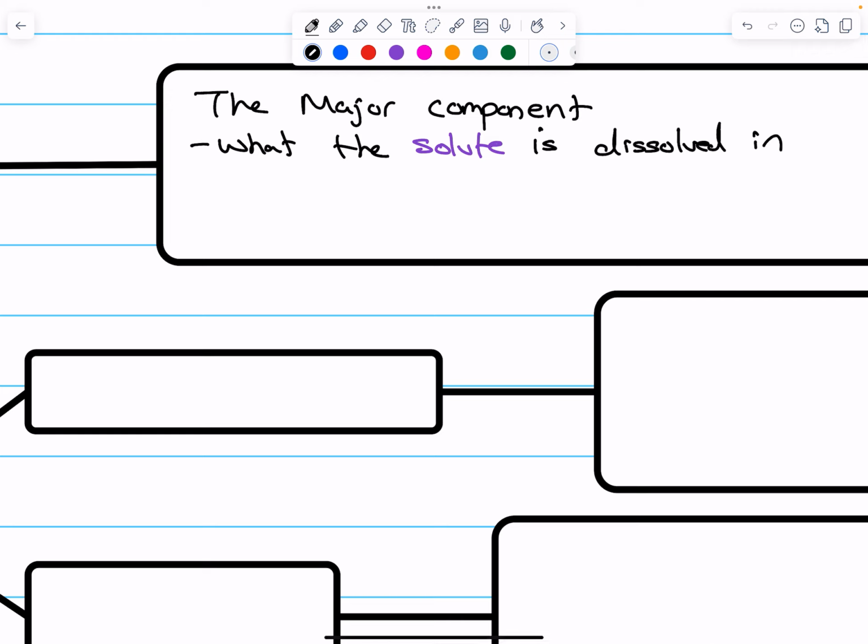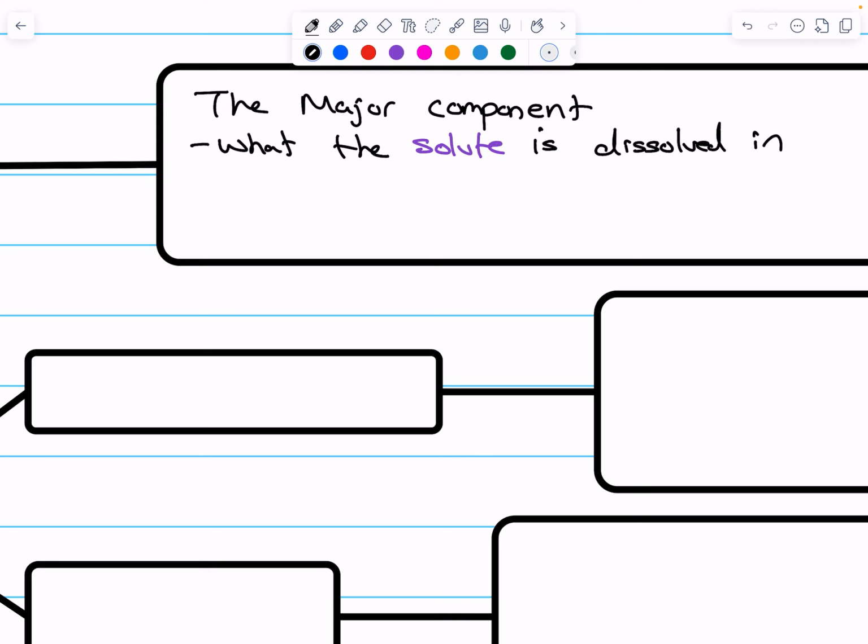It's what the solute is dissolved in, right? Most of the time, water is the solvent, which gives an aqueous mixture. But solutions can be in any state. A gas solution can happen. Air is a perfect example. Nitrogen is the major component, so it is the solvent.